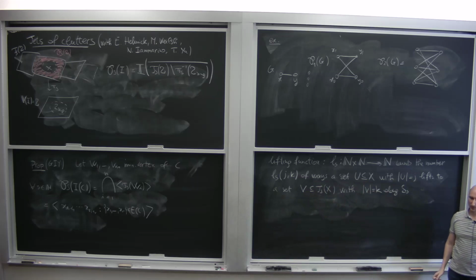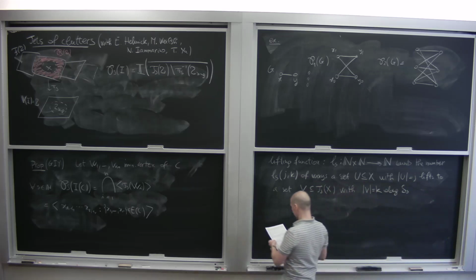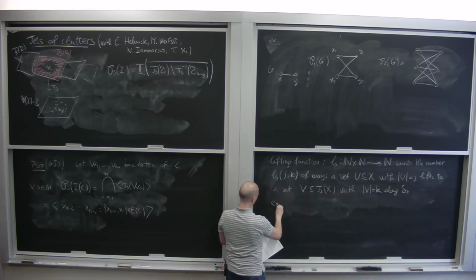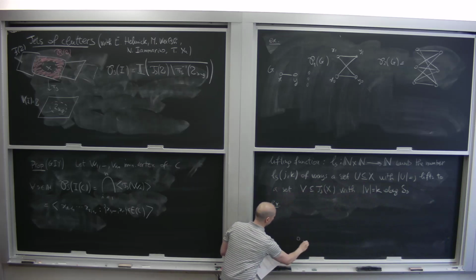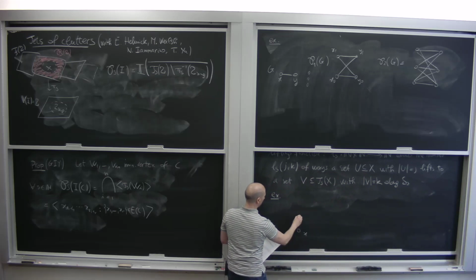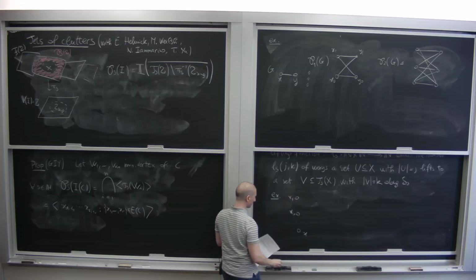So let me show you the example because it will be hopefully much easier to understand. So let's do the easiest case here. Suppose we have a point here, X, and you have order 1 here, so X0 and X1.